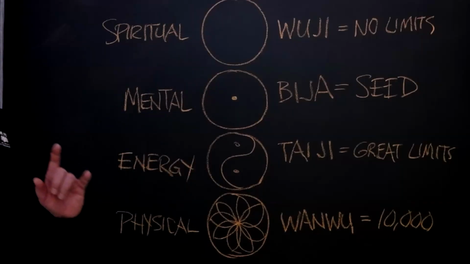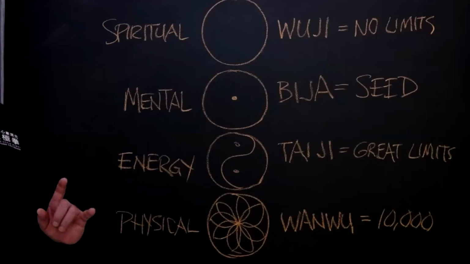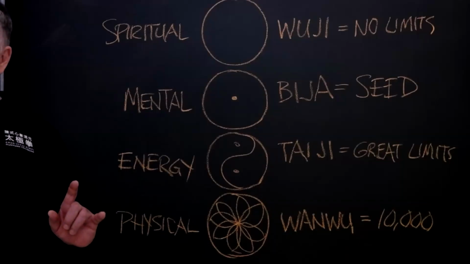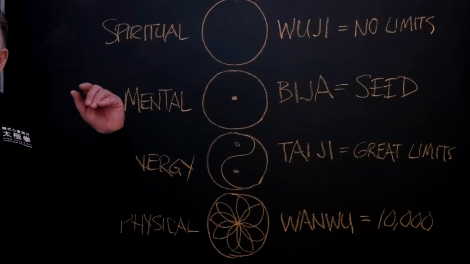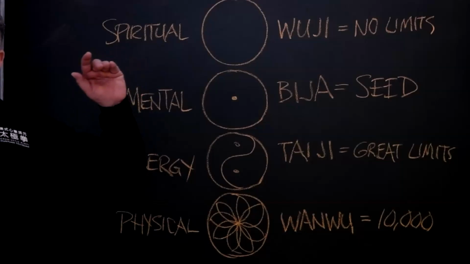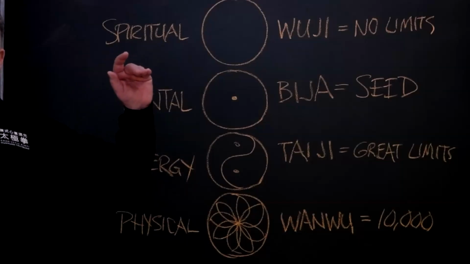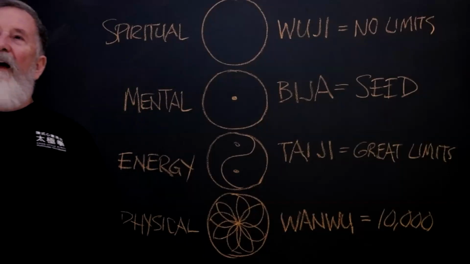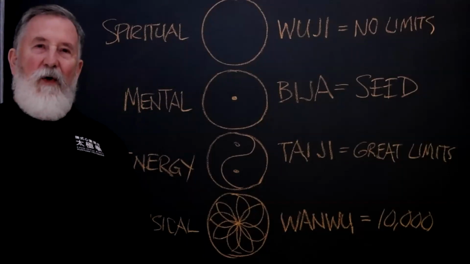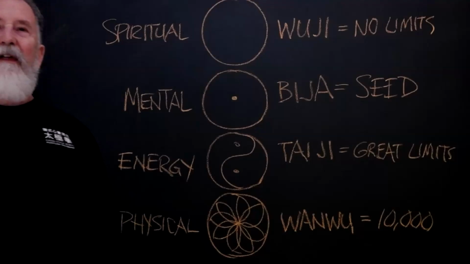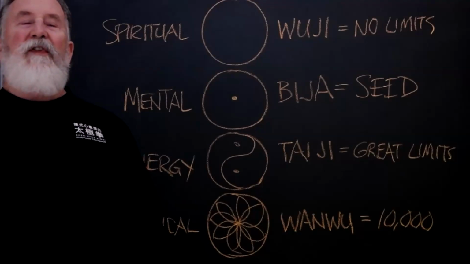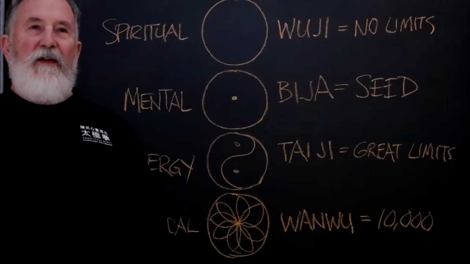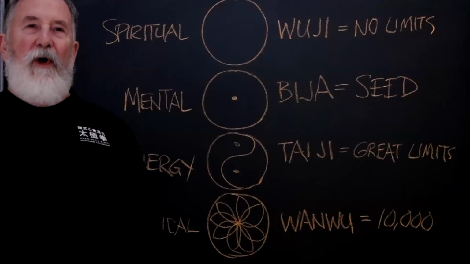There's some other things that you can gain from this. There are also evolutionary ways of looking at this. One of the Zen koans is, what was the shape of your face before you were born?